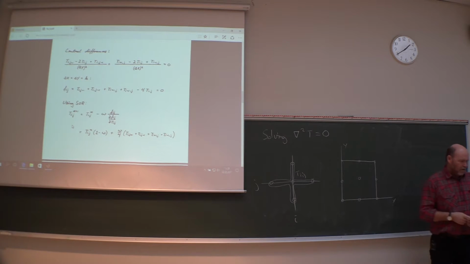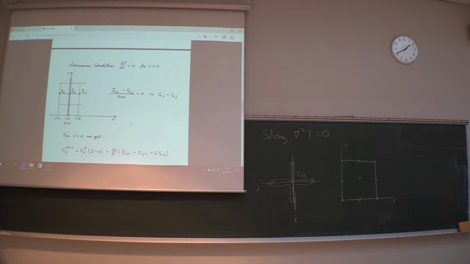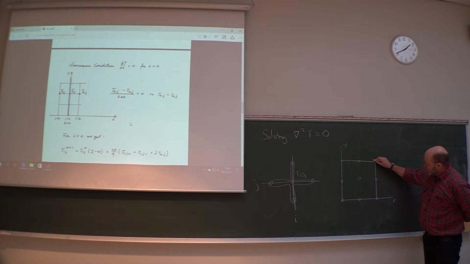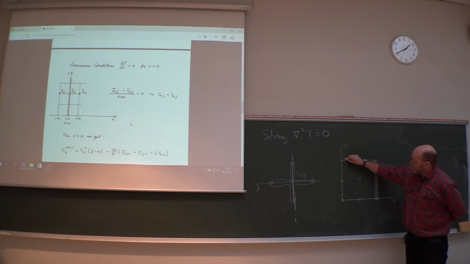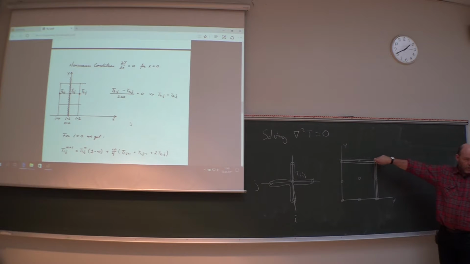Yes, that's true. But there were only 2 walls where we had constant values. We had this one as 0, and this one we're given as 1. The corner point here will be a question, but it's not going to be used.